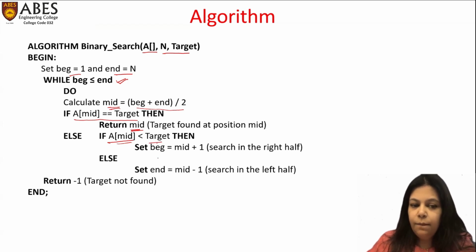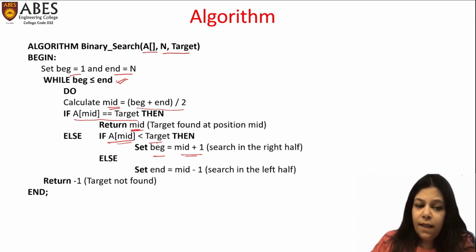If it is less than target, then we have to shift beginning to mid plus 1, thereby searching in the right half and ignoring the left half. Otherwise, if the value of a[mid] is greater than the target value, we have to shift the end to mid minus 1, thereby ignoring the right half of the array.